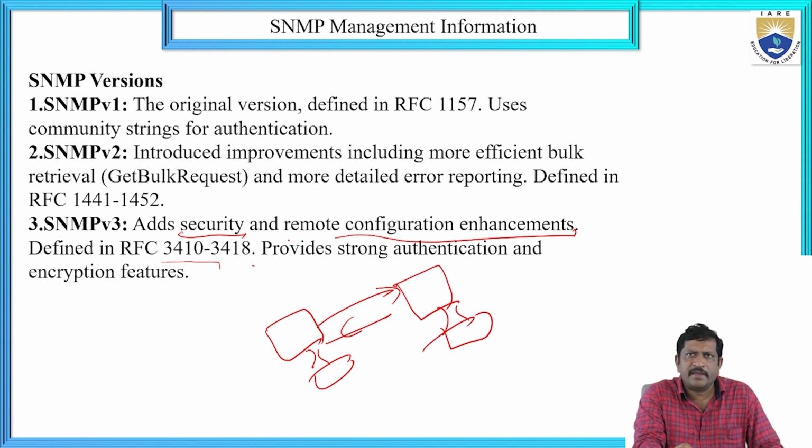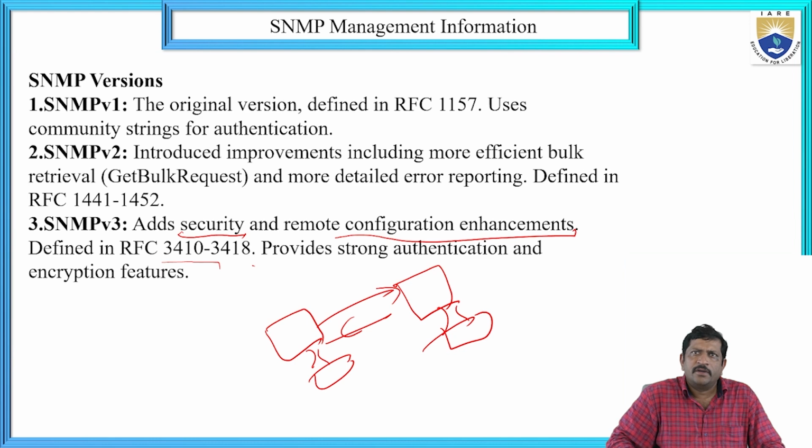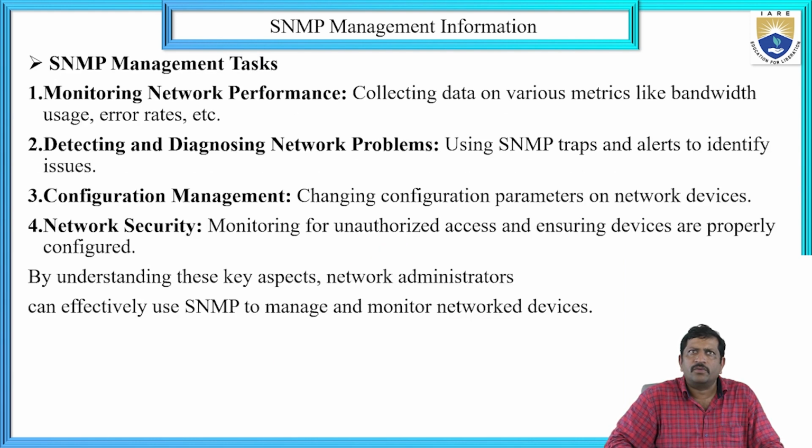It provides very high authentication and authorization, and with this high security, it offers encryption and decryption features. By encrypting and decrypting, SNMP V3 provides higher security than the other versions, that is SNMP V1 and SNMP V2.